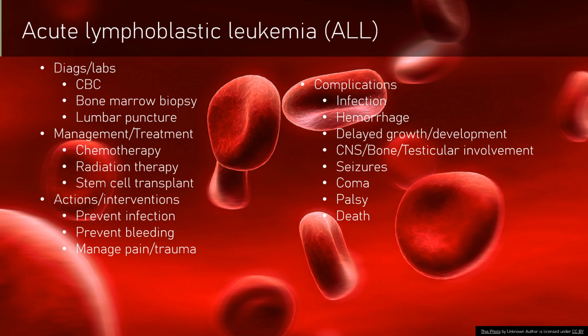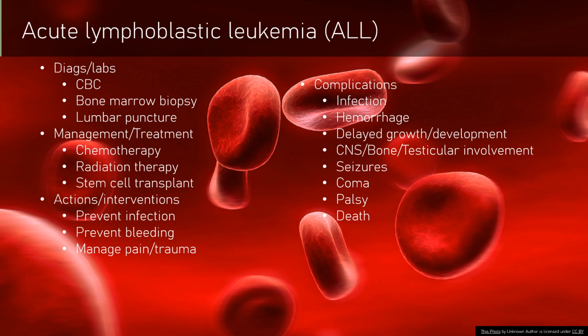They can develop central nervous system, bony, or testicular involvement. So we want to watch for any of those cues like level of consciousness changes, seizures, severe lethargy. If we see any of that, we want the parents and the nurse to report it immediately to the oncologist.